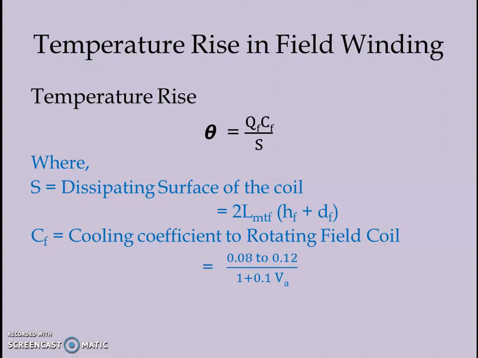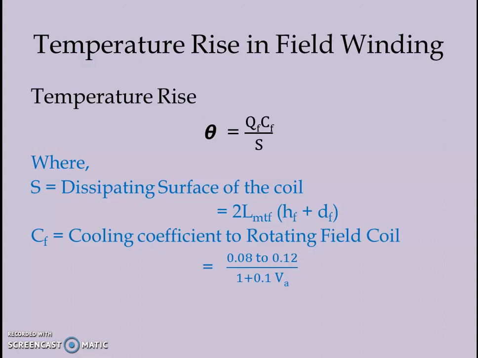So this way we can check our field winding design. Ultimately, in all designs, at last we have to check the temperature rise, and we have to see that our design is perfect and the temperature rise is within a permissible value for the class of insulation we have used.